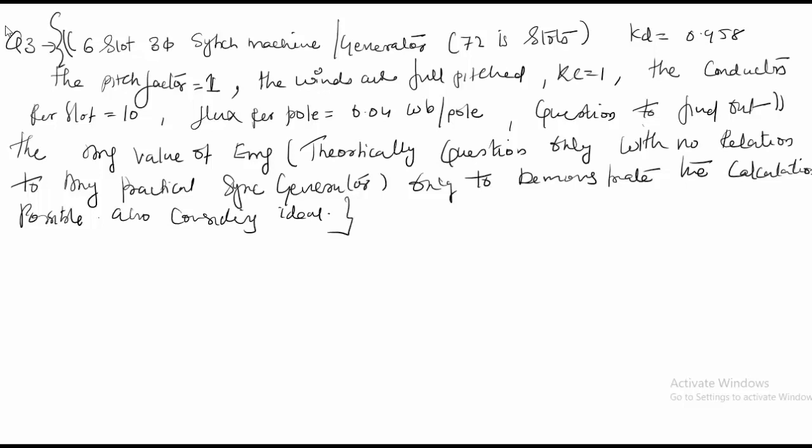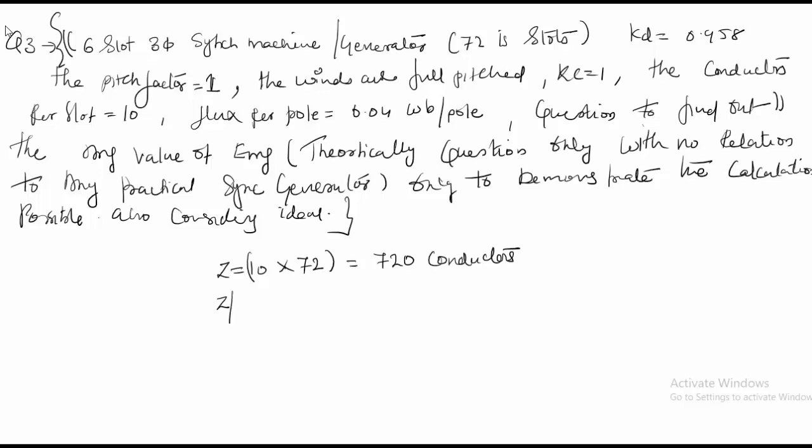then your Z is equal to 10 and your total conductors Z is equal to 10 into number of slots, which gives you close to 720 conductors.